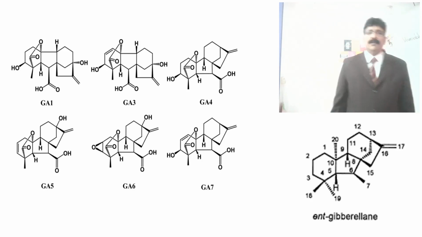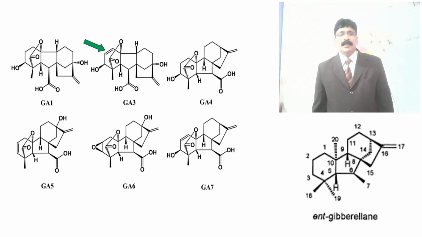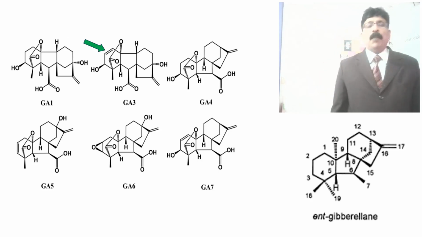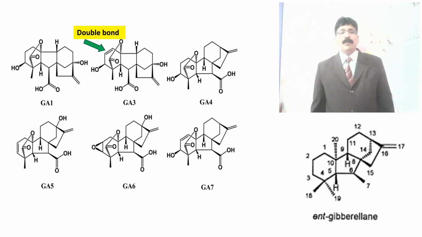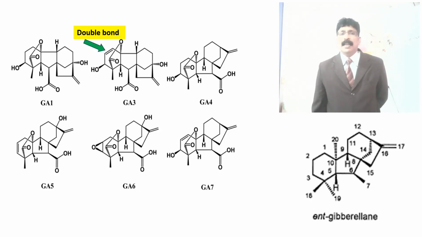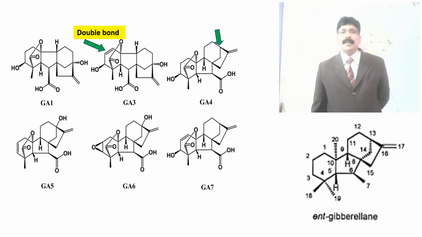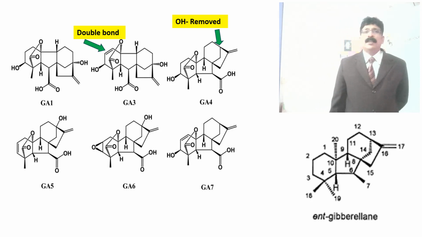When you see the difference of GA1, a double bond is added to GA1. Once you write the GA1 structure, the student has to study like this. A double bond is added and it becomes GA3. And here OH is removed from the original structure.